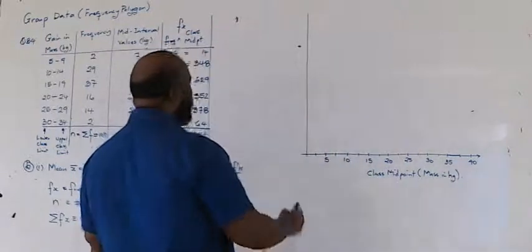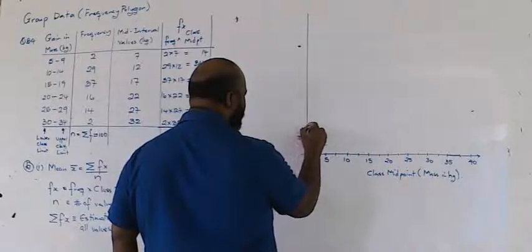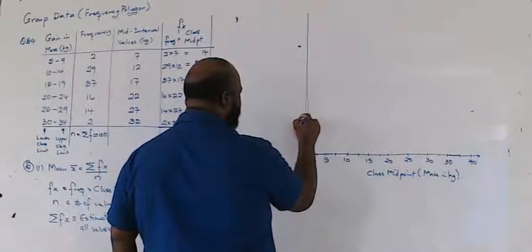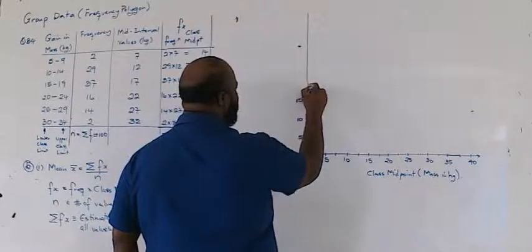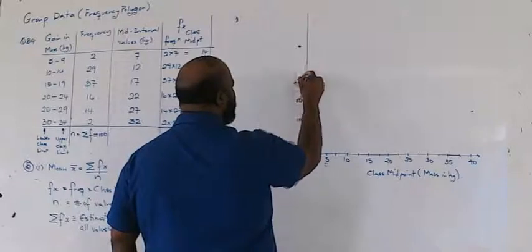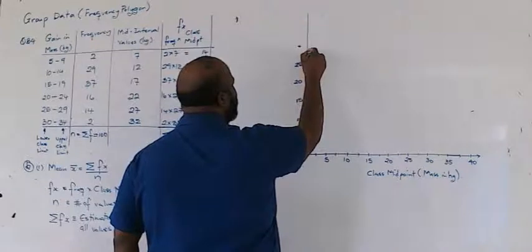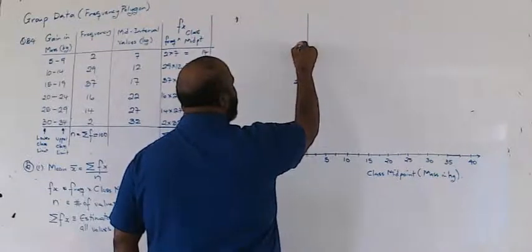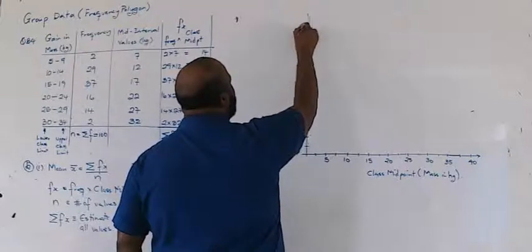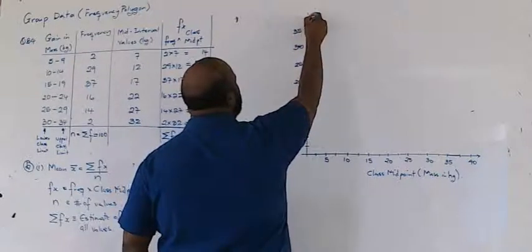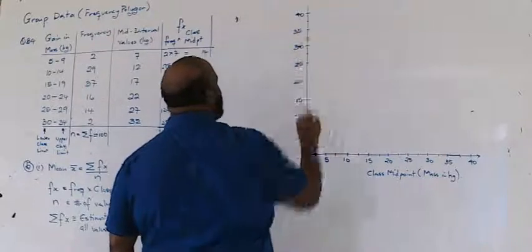Alright. Over here, same scale, 5, 10, 15, 20, 25, 30, 35, 40.